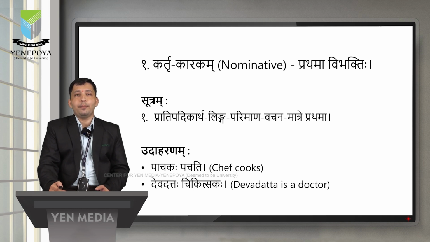Parimana means measurement, so those words which are used for measuring purposes. And Vachana is nothing but singular, dual and plural, or in Samskrita Ekavachanam, Dvivachanam and Bahuvachanam. In Samskrita we have a special Vachana, the dual, for two persons or things together, which is called Dvivachanam.